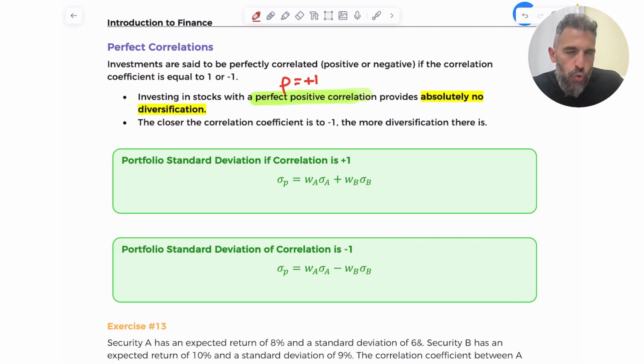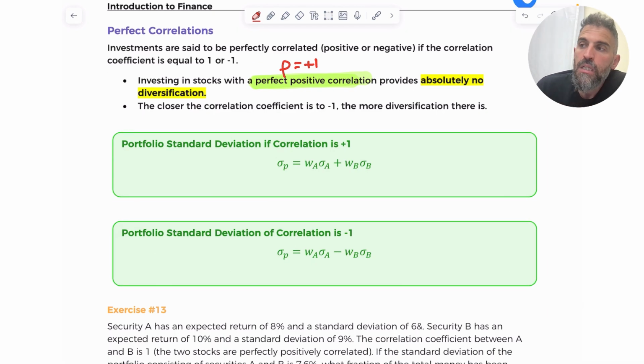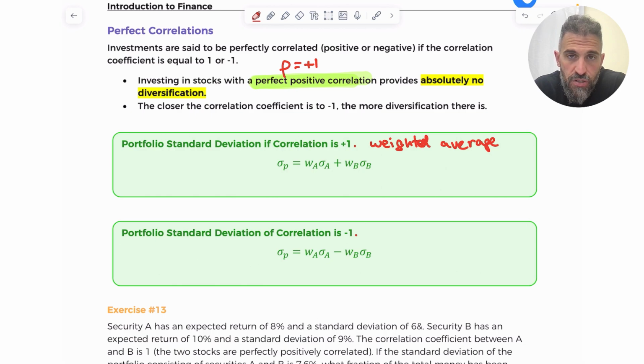And then you've got these 2 shortcut formulas, which I think are useful. It's how you find the standard deviation of a portfolio, but in the extreme cases, where you have a perfect positive correlation or a perfect negative correlation. For a perfect positive correlation, it's a weighted average. And this is the only time the portfolio standard deviation would be a weighted average of the standard deviations of the individual stocks.